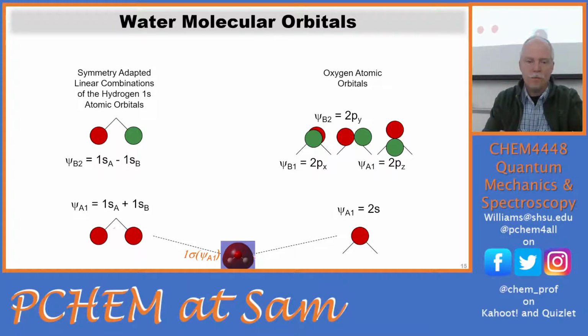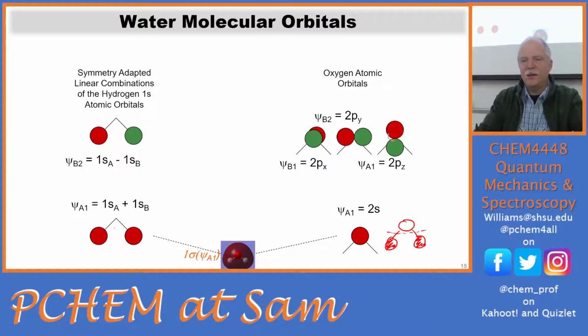Okay. If it's out of phase, meaning let's say the hydrogens are green while the 2s is red, notice you're going to have something like this, with a node here. Okay.